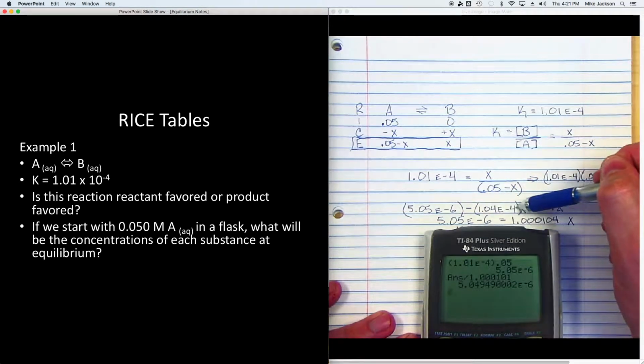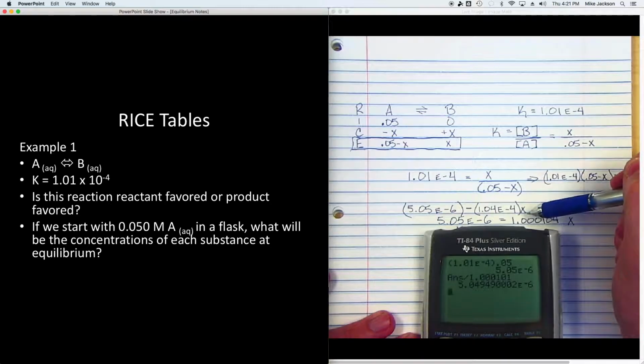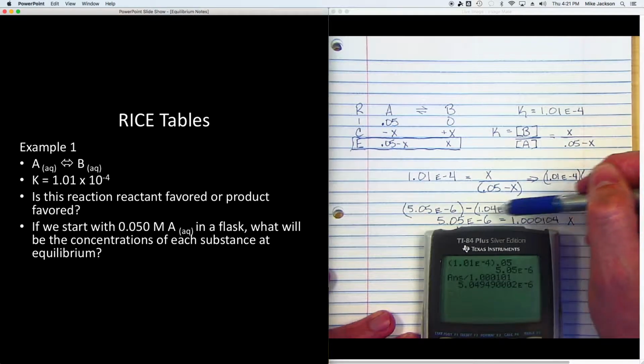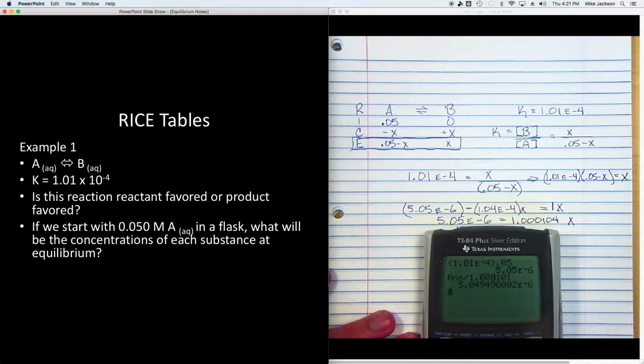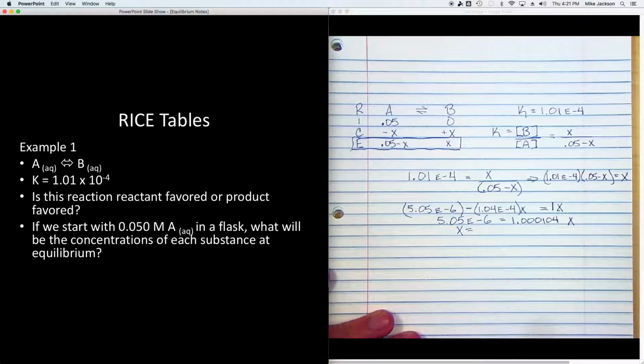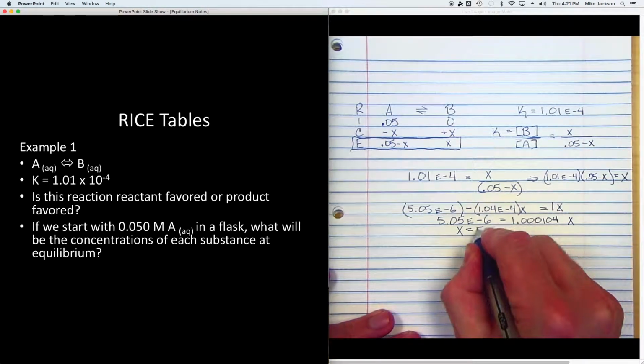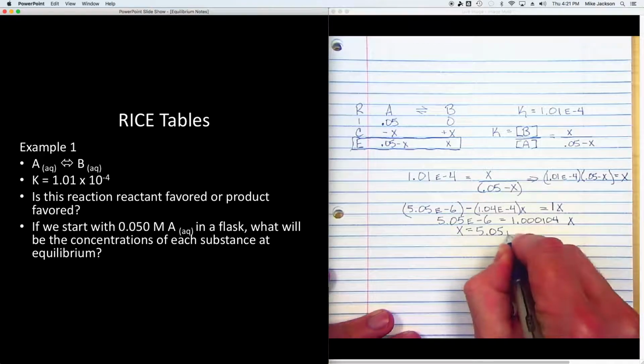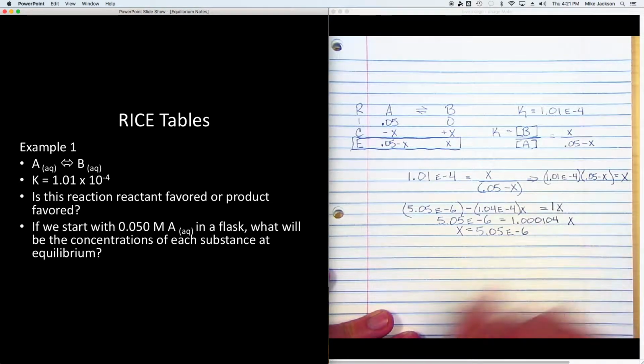We may notice that taking this portion right here was basically useless. And as chemists, we like to be nice and efficient. So I'm going to show you a step in the next example where we can decide, do we even need to go through this? However, if it becomes confusing to you, just do it and go through the steps as usual. So x equals 5.05 times 10 to the minus 6th.